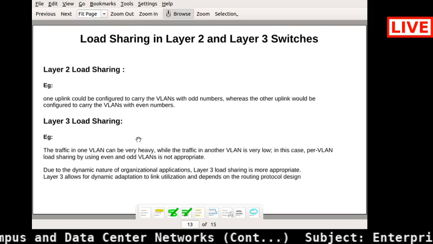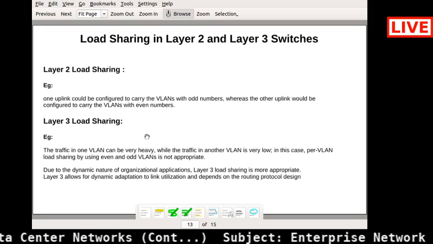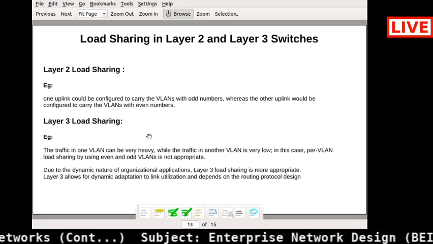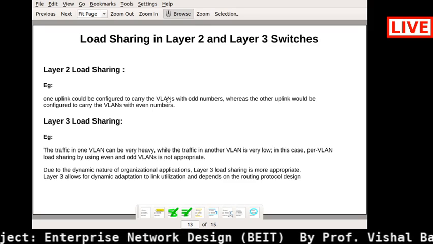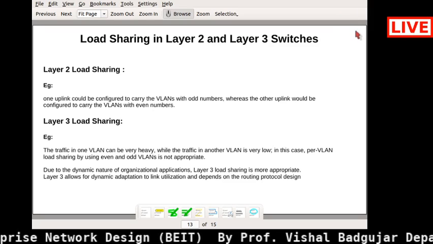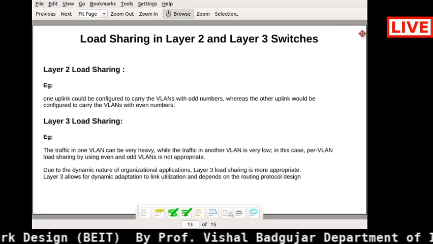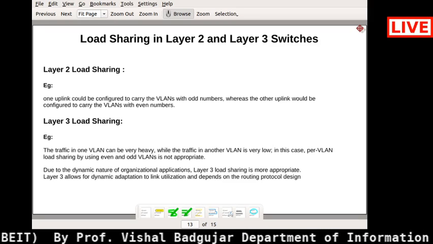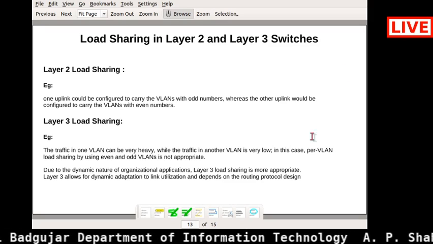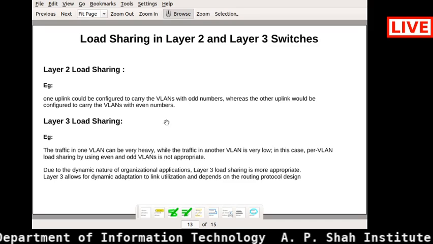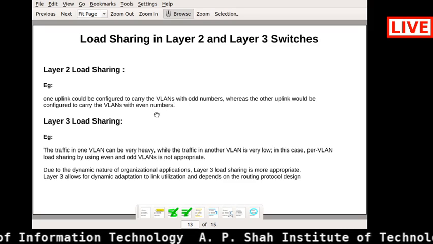Then we will see load sharing between layer 2 and layer 3 switches. If you compare the load sharing of layer 2 and layer 3, as you know, layer 2 switches are only aware of MAC addresses, right?